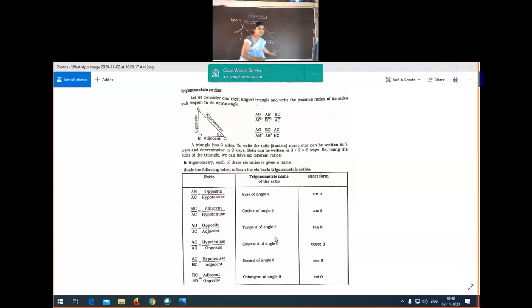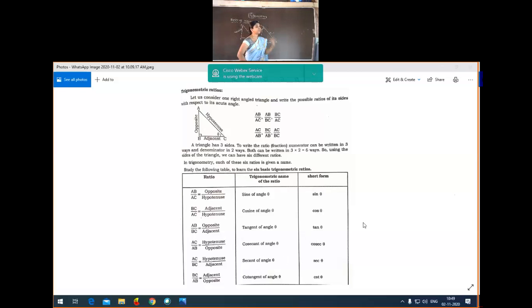This is the basic of trigonometry. In the basics of trigonometry, we are taking only right angle triangles. A right angle triangle has one angle of 90 degrees, and the remaining two angles are acute angles. The side opposite to 90 degrees is always called hypotenuse, and we have to mark one angle other than 90 degrees.